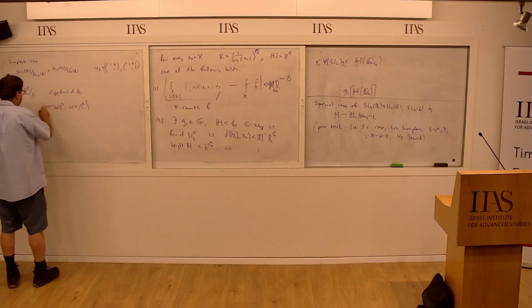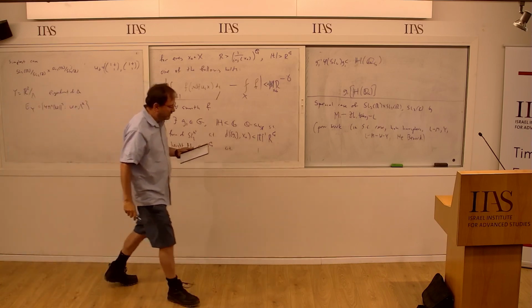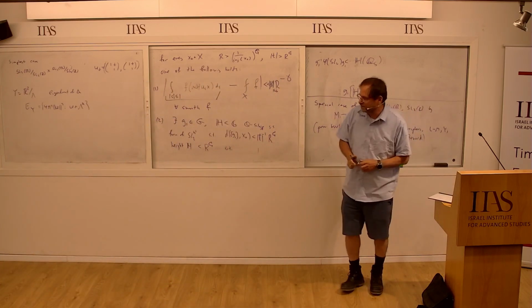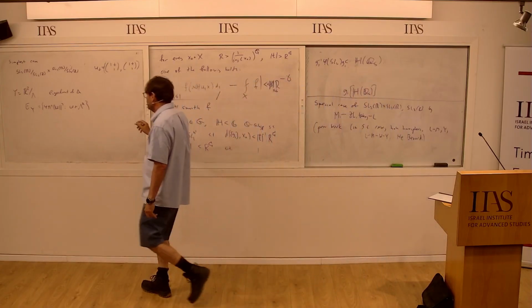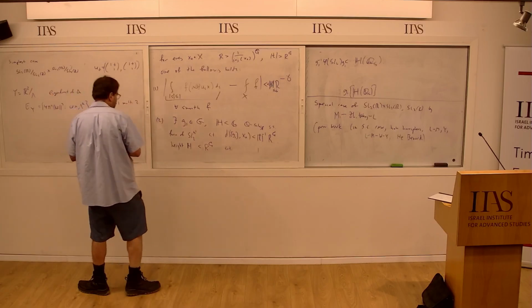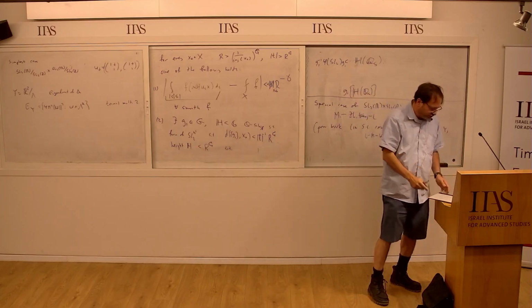Those are the eigenvalues. Let's call this E of y. One slightly annoying point is that in this case, because of symmetry, everything has trivial multiplicity 2. So I'm not counting this trivial multiplicity 2.